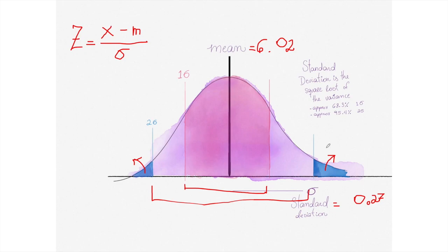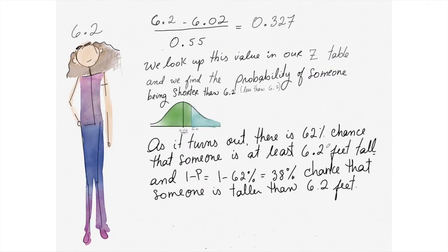We're going to do a practice example. We have Clarice over here, and she is 6.2 feet tall. Here we have the mean of the distribution that we observed earlier, and here we have 0.55, because this is the result of finding the sample standard deviation.